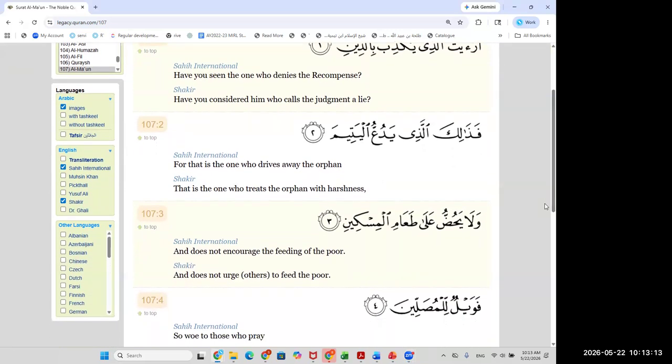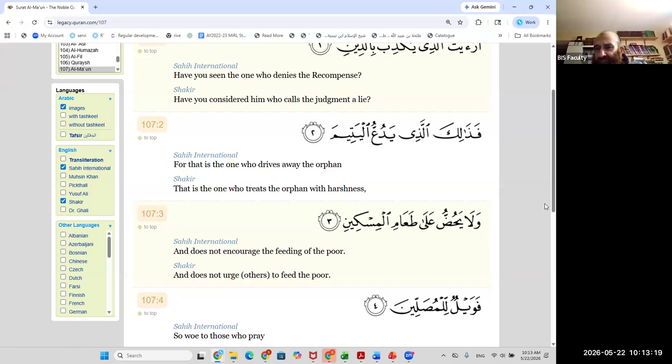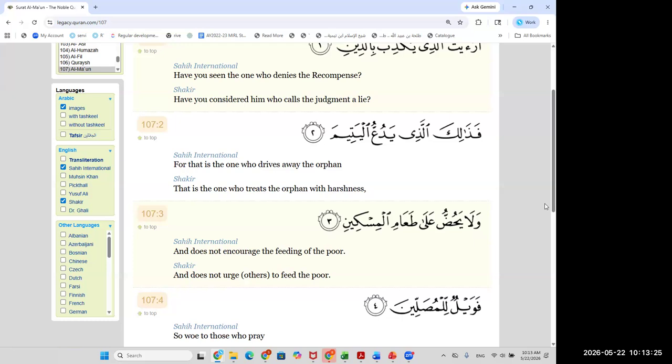Three. Again we have حرف عطف with the واو, and it's للترتيب. No, actually, wa is not for tartib because it does not imply anything about sequence. It's just حرف عطف.